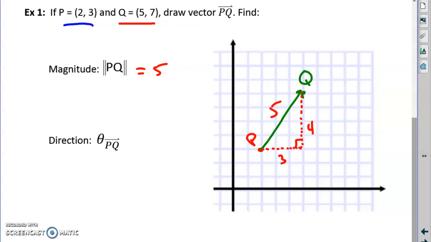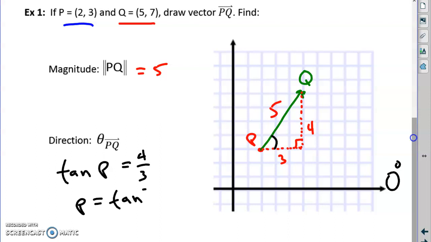That would be this angle right here, because again, the x-axis over here would be 0. So without using the 5, tan of P equals 4/3. So P would equal tan inverse of 4/3.